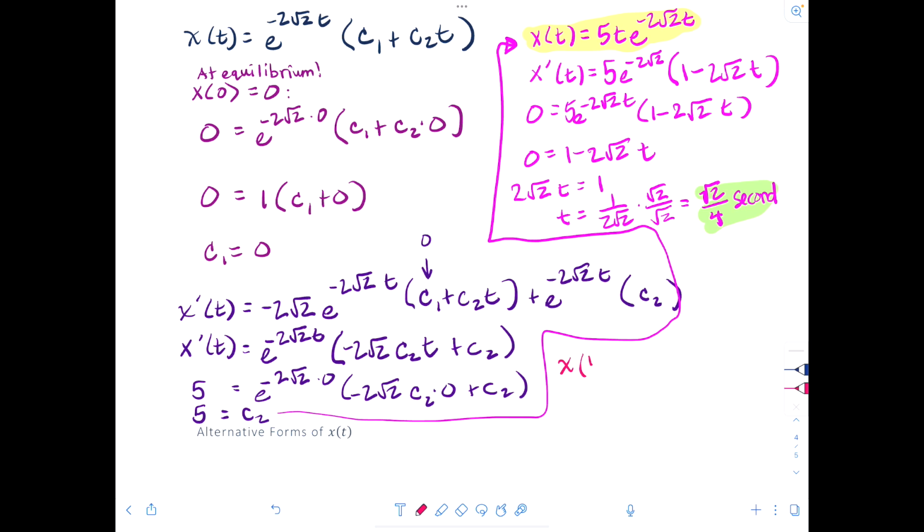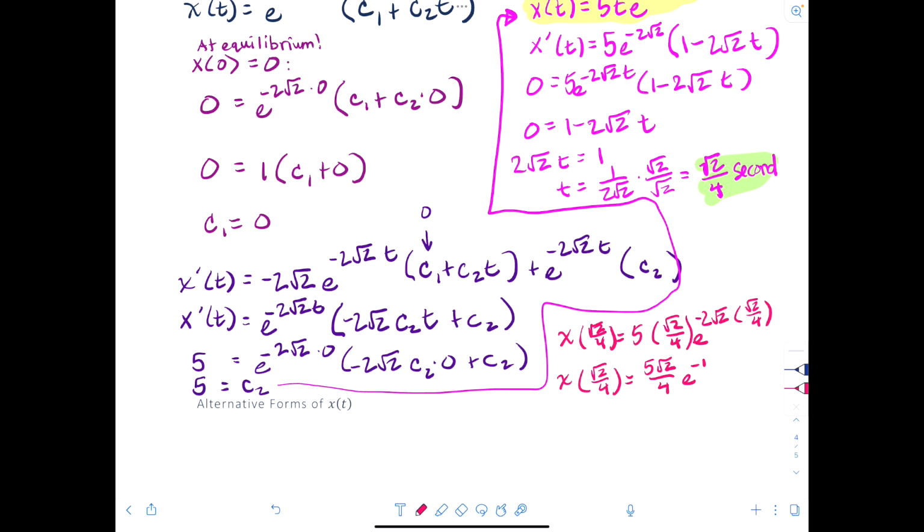So x at root 2 over 4 will equal 5 times root 2 over 4 times e to the negative 2 root 2 times root 2 over 4. So x at root 2 over 4 equals 5 root 2 over 4 times e to the, let's see, root 2 times root 2 is 2. So it's just going to be negative 1. So that will be in feet.